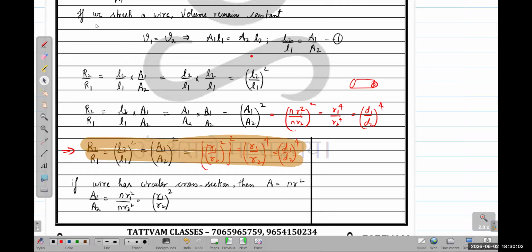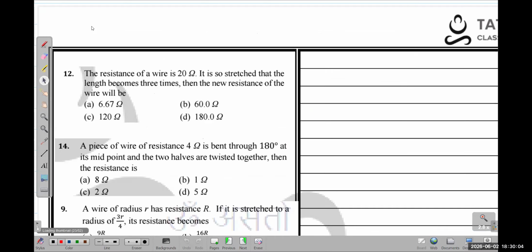Yes, sir. Okay, now try this. Sir, if the length is stretched, then the diameter will decrease, right? Yes, you should directly just put the formula. R2 by R1, I just told you, is L2 by L1 whole square when it is stretched.